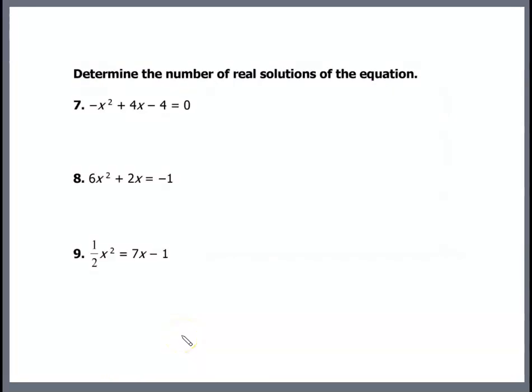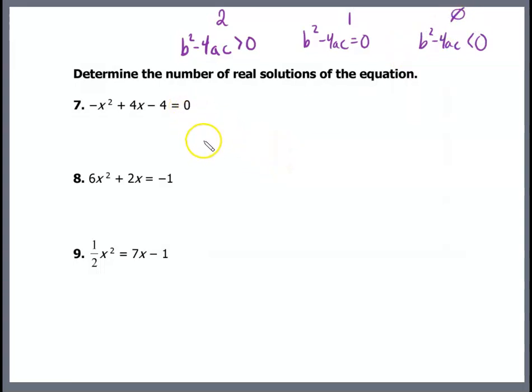All right, let's go ahead and try just a few more to make sure we've got this down. So once again, when it wants us to determine how many real solutions there are, we use the discriminant, which is b squared minus 4ac. When it's positive, there are two real solutions. When it equals 0, there's one real solution. And when it is negative, there are no real solutions.